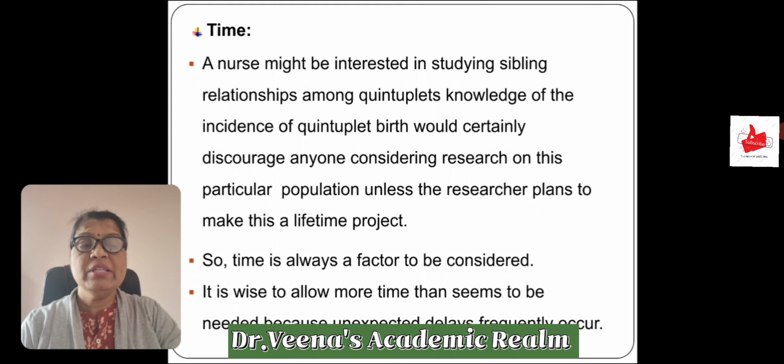If it is a long-term study, or more time is required, like more than 1 year, 2 years, we need to think about the time. Our interest is also important, our availability is also important, our input is also most important, plus the participants' involvement. The participant should be giving that much time during your data collection. So time is also most important under feasibility.